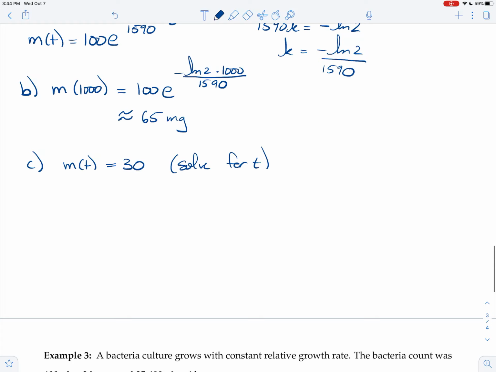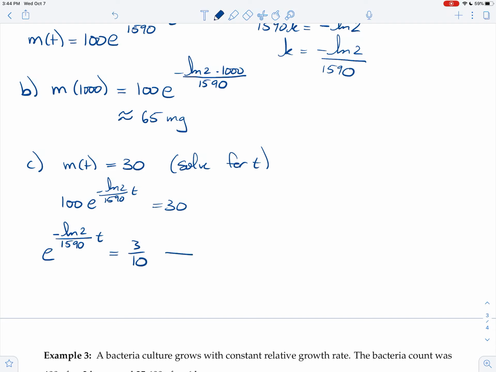We know m of t is 100 e to the minus ln of 2 over 1590t equals 30. So I get e to the negative ln of 2 over 1590t equals 3 over 10, 0.3 if you will.